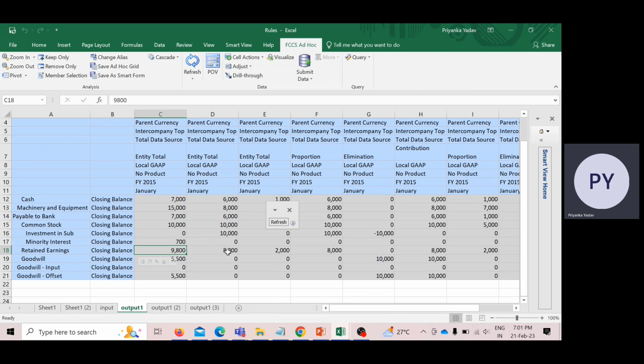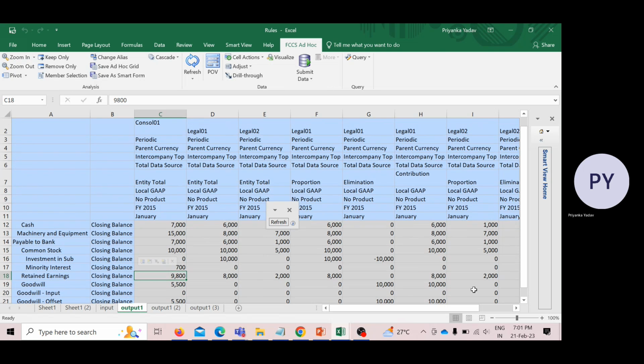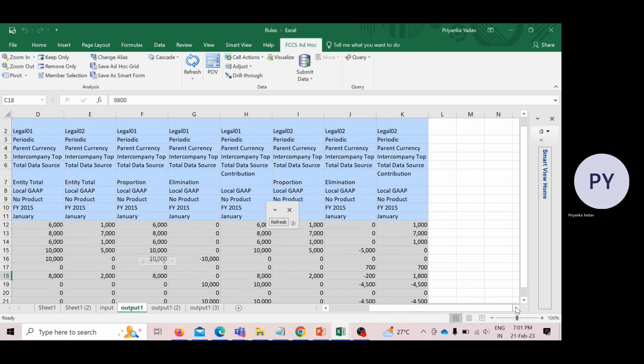And now retained earning is not just the total of these two, which was wrong. It is actually the proportion. Now it is taking the proportion of the subsidiary. You can see the figures at proportion, elimination, and contribution in both the entities.